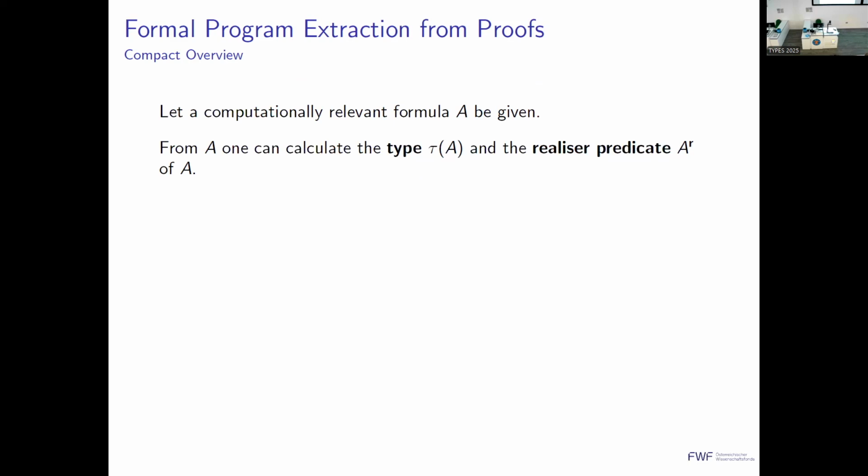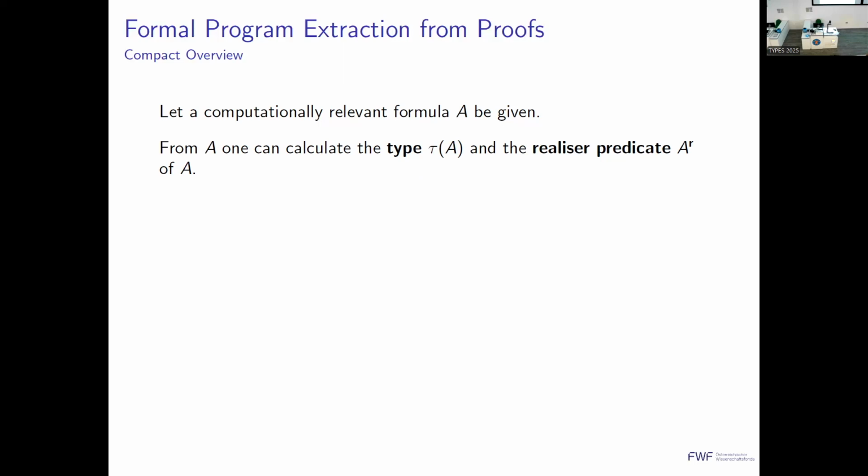If you have an all quantifier, then this is a bit more complicated, but in general, if you have an all quantifier over an arbitrary variable, then this all quantifier is just left out and you just take the kernel. But often the all-quantified variable has also some properties, and these properties will contribute to the type or the realizer predicate. Yes?